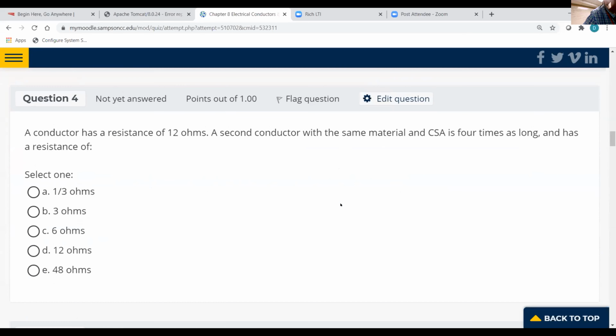How about number 4? A conductor has a resistance of 12 ohms and the second conductor has the same material, the same CSA, but it's 4 times as long. And so what would be the resistance if it's simply 4 times longer, but it's not any bigger?